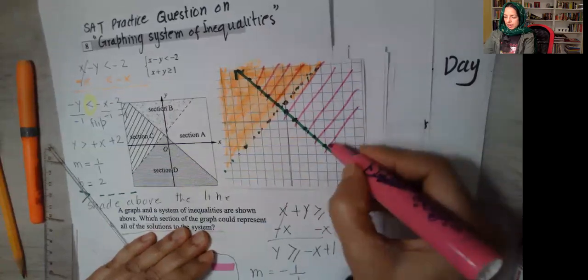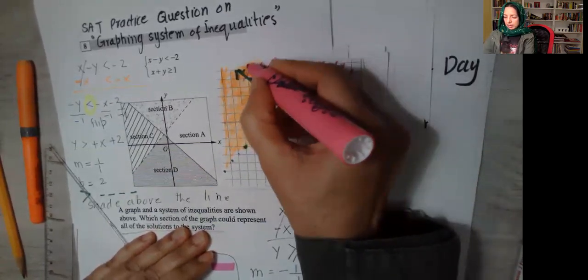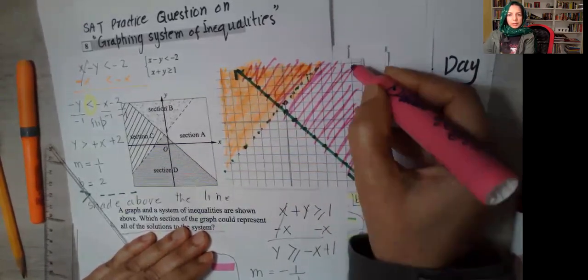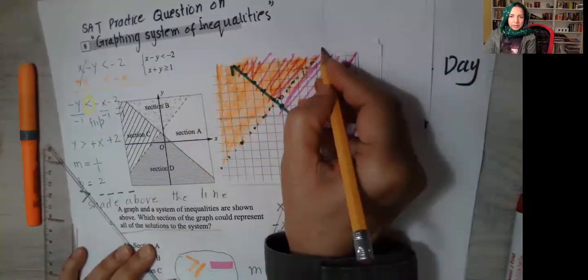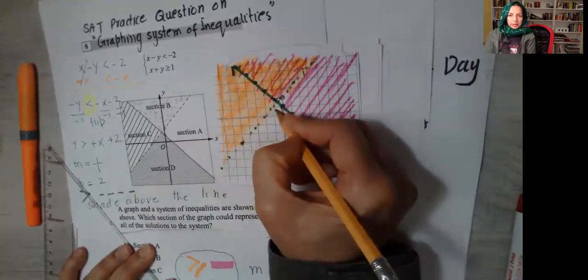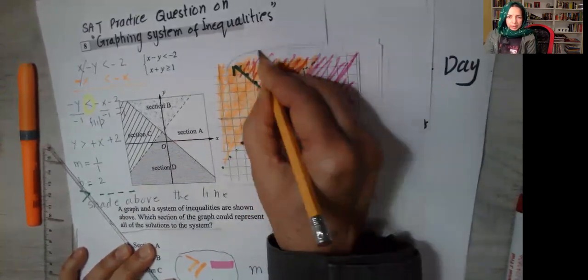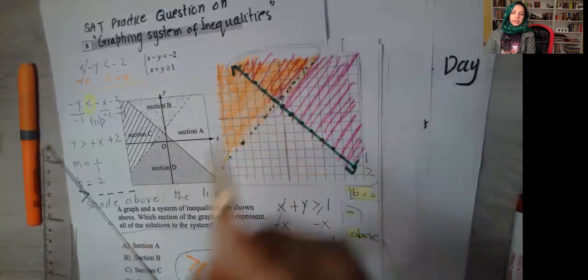I shade above all this green line. So looking at the overlapping area, which is right here, on the top of this green line and this.